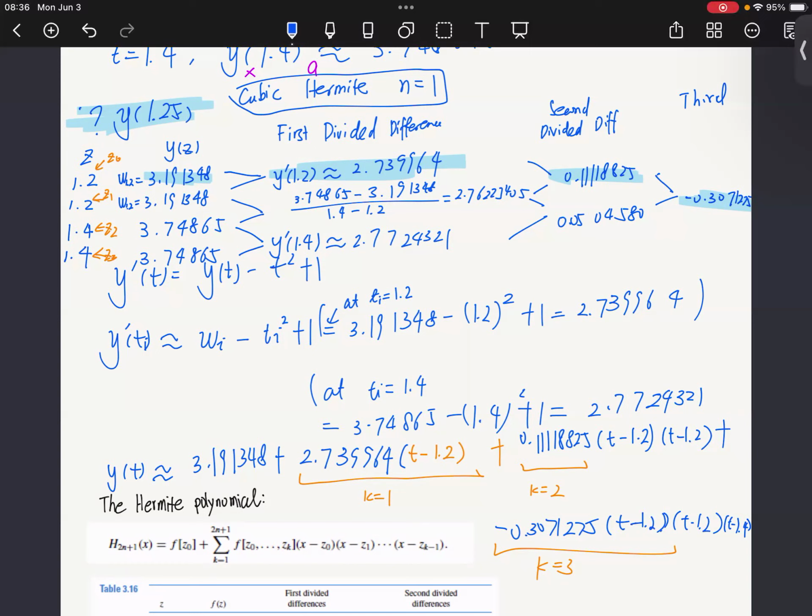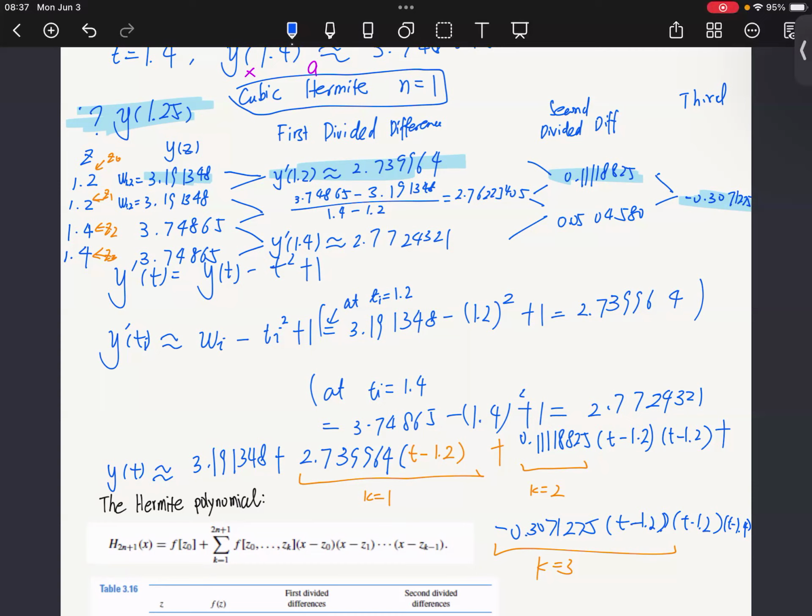So what you need to do is just compare the table you have, write down the table, and then compare the formulas here and write down the items one by one. All these coefficients are the first components in each column, except for the z column. This is called the zero divided difference.